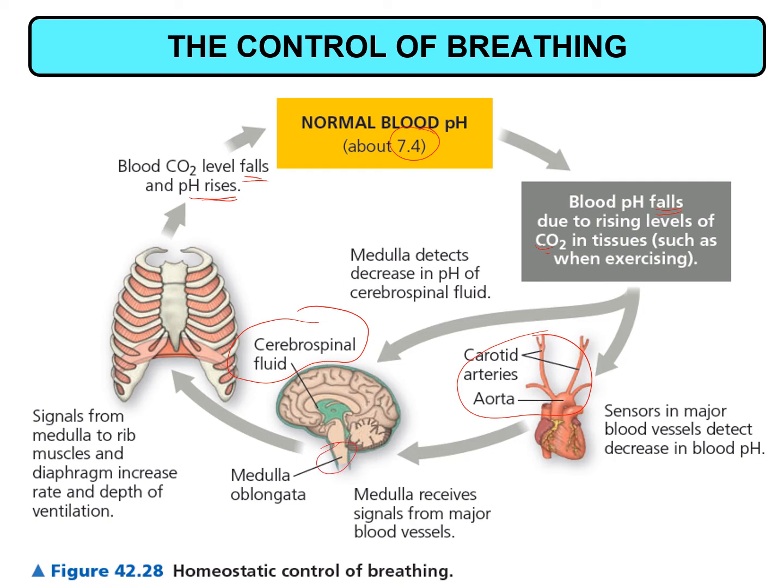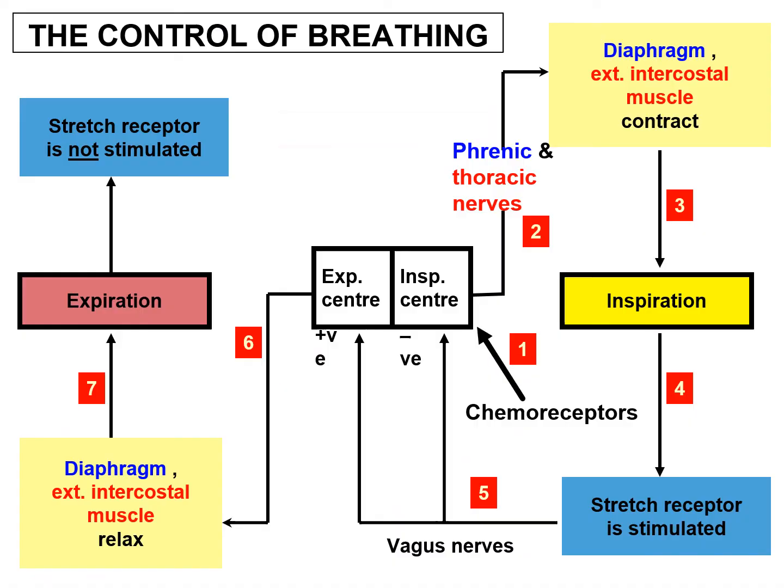This will be detected by medulla oblongata. So these changes will stimulate or give signals to the intercostal muscle and diaphragm to increase rate and depth of ventilation. Okay, dia punya yang berubah adalah rate kadar dan juga kedalaman pernafasan kita.